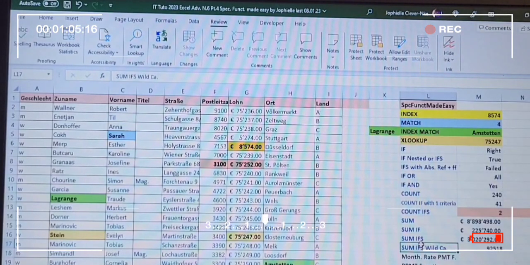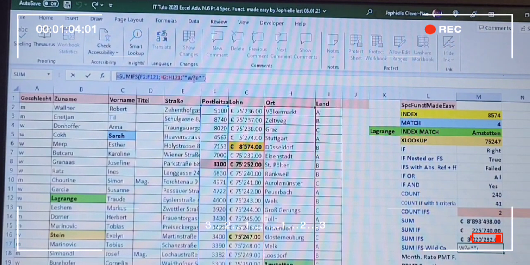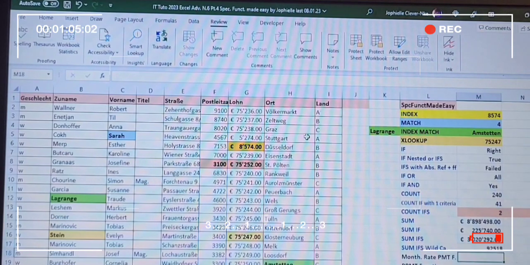So let me go back to our last wildcard with some ifs. You remember we were looking for everything starting with W and containing E, and we made it right and we had a proper result. So today I want to do something else.